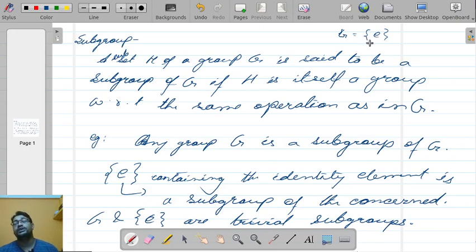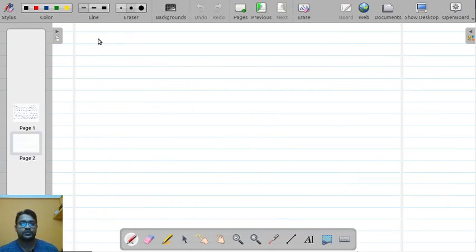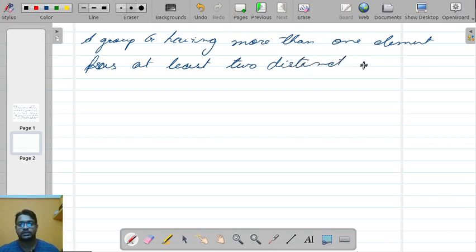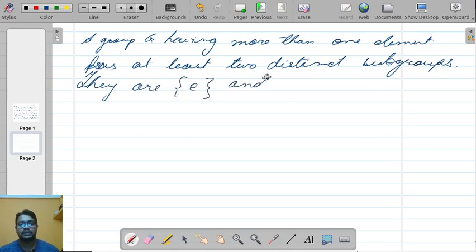So if a group has more than one element, then it has at least two distinct subgroups. What are those? Singleton E and G.